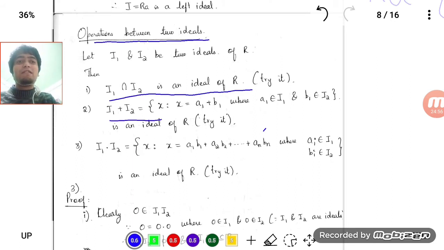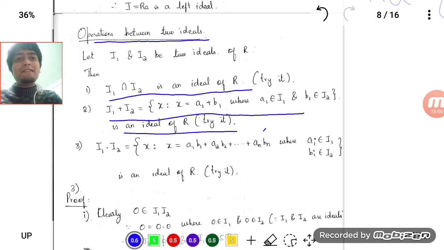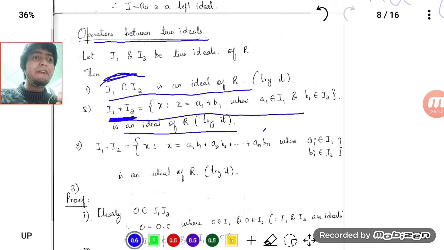Similarly, this one, I1 plus I2. Because if the intersection has to be an ideal, it has to be a set. Intersection of two sets is a set, so the intersection poses no problem. But for number 2, we have introduced a new symbol, addition of two ideals. How will we define addition?